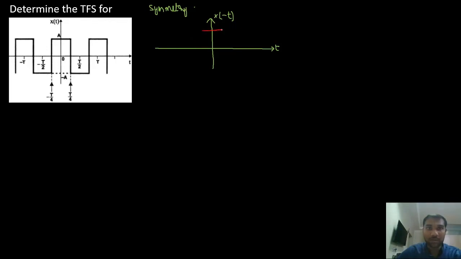So how will it look? It looks very similar to what is our x of t, right? X of minus t looks similar to x of t. At x of 0, x of minus 0 is also a, right? So a, and x of t by 2 is the same as x of minus t by 2, which is like this, right?